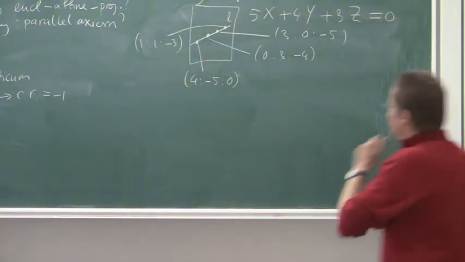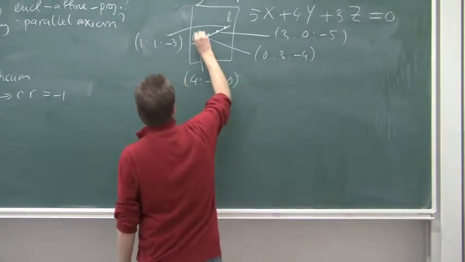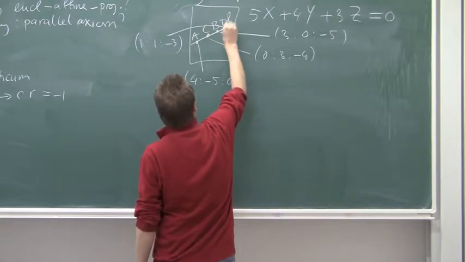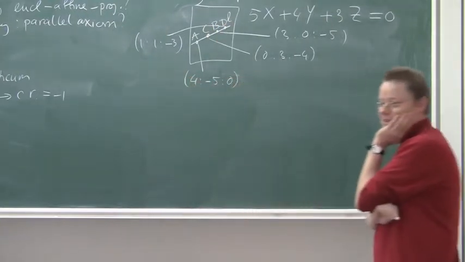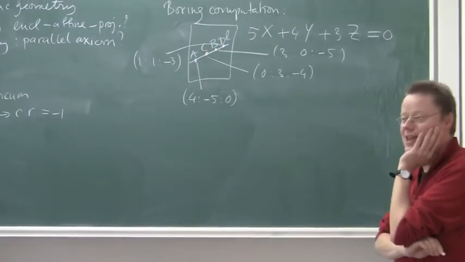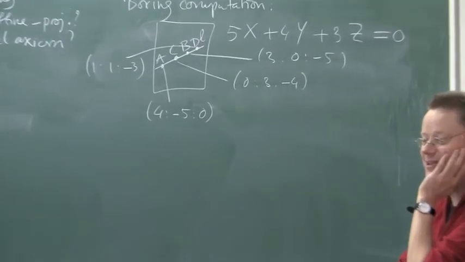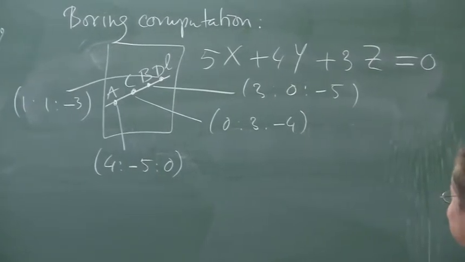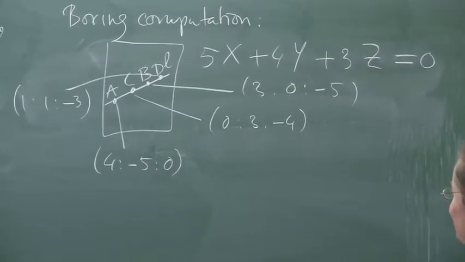Oh dear, and now we want to calculate this cross ratio. Let's do it like this. Now we know that it's negative. So that's dangerous, that's a test. This is really awful.